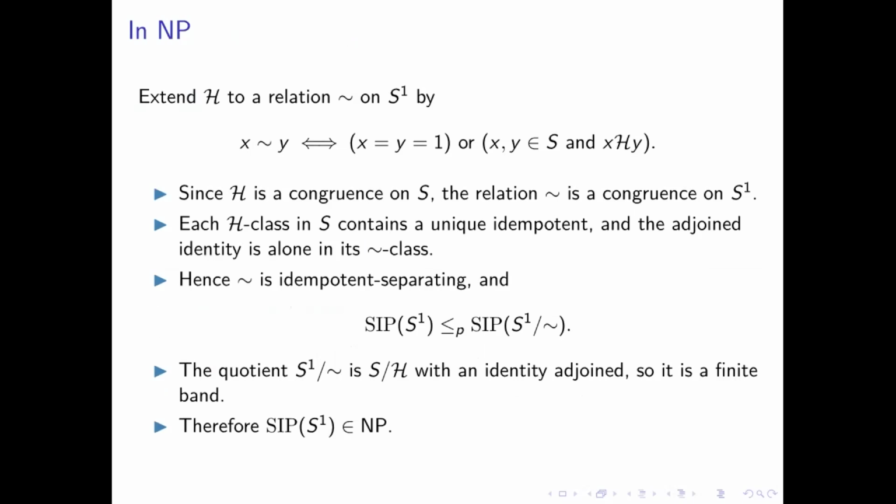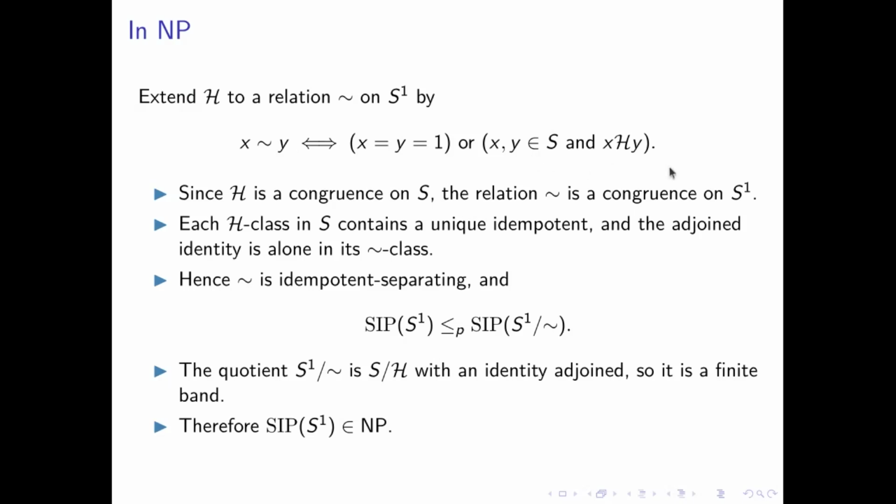I think so. So for NP membership, we extend the H relation to S^1 by this relation: if they're both 1, then they're related, or if they're H related, then we say they're related.